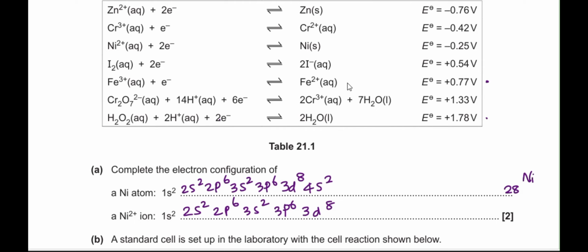Therefore, we need to rewrite this equation by reversing it and showing it as an oxidation reaction. Currently, it's written as a reduction reaction. Also, we need to multiply this equation by 2 to balance the species, also the number of electrons. Adding them together, we will get the overall reaction.